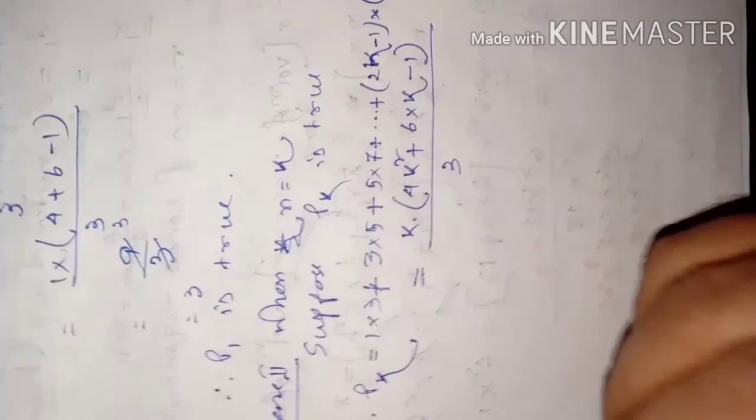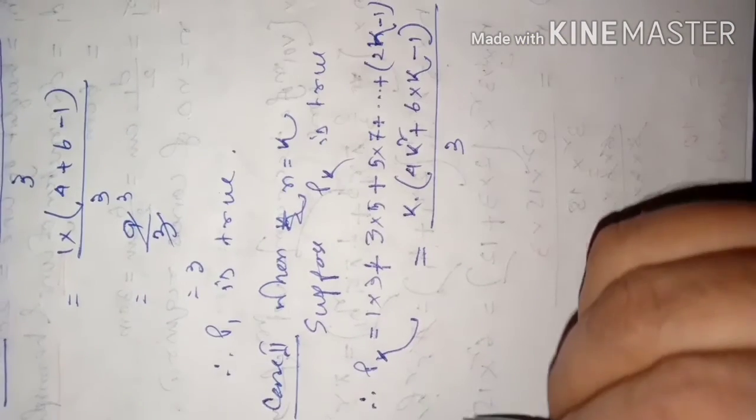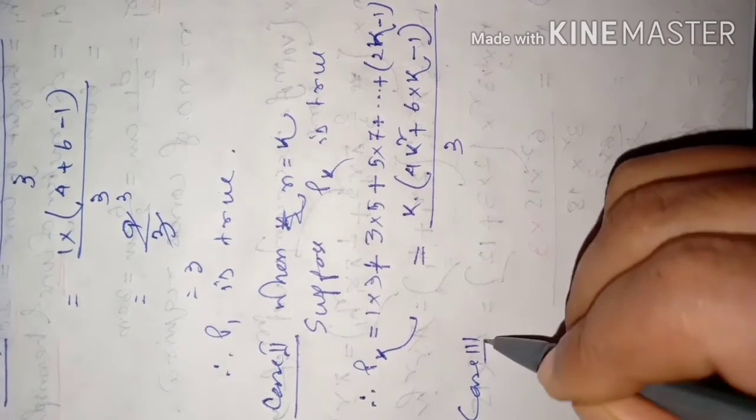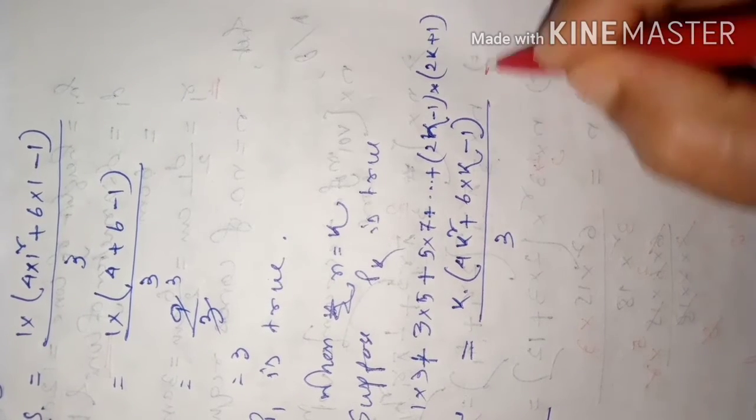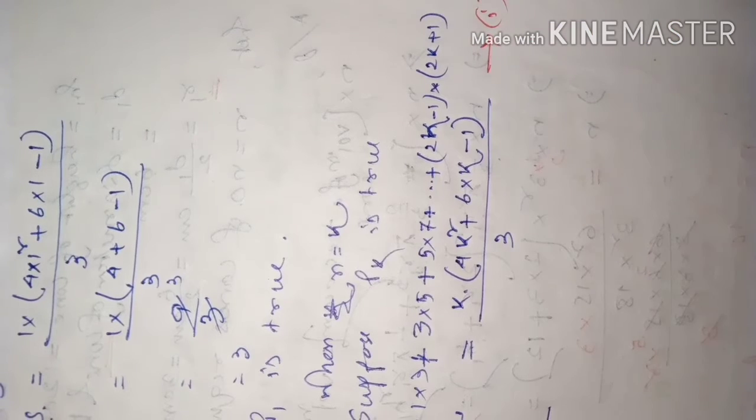Now let us take case 3. So we are supposing that for n equal to k this statement is correct. So this is equation 1.